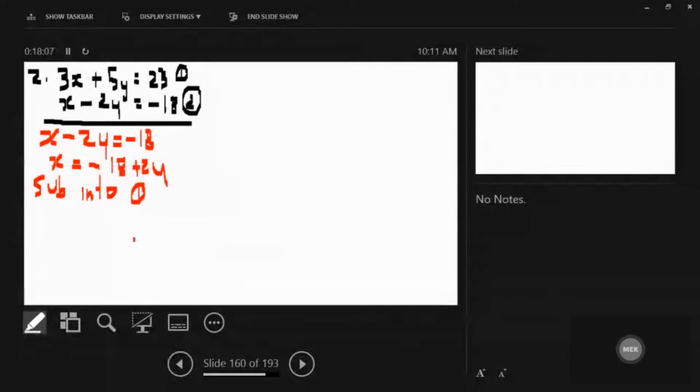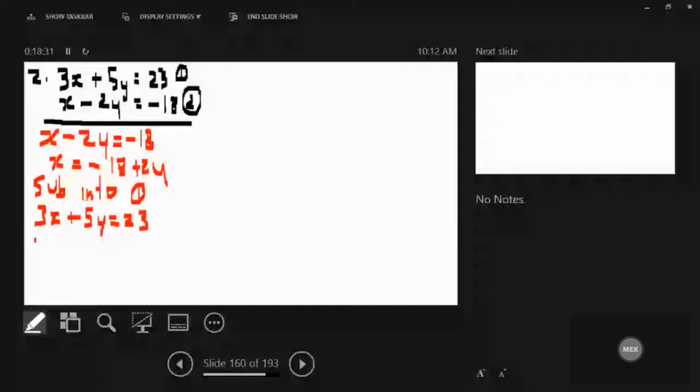So we're going to use now the 3x plus 5y is equal to 23. And where x is, we're going to put a bracket and substitute this value here, -18 plus 2y.